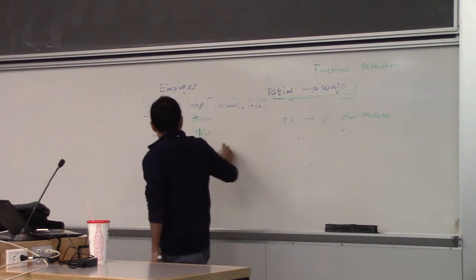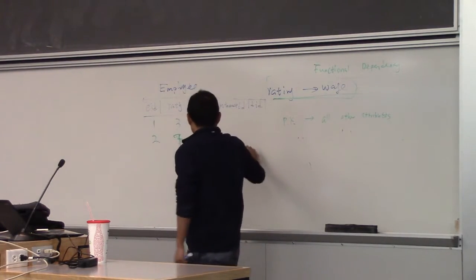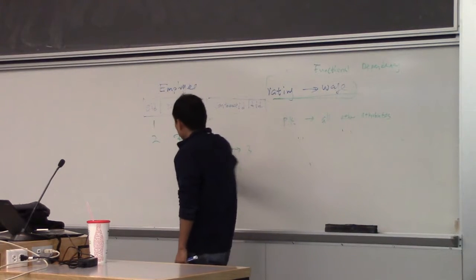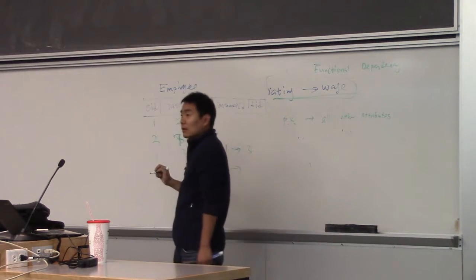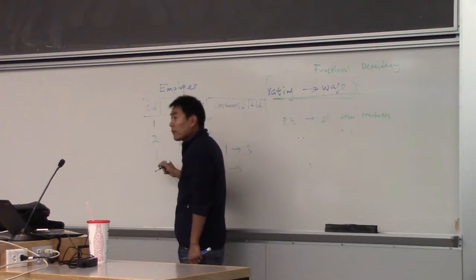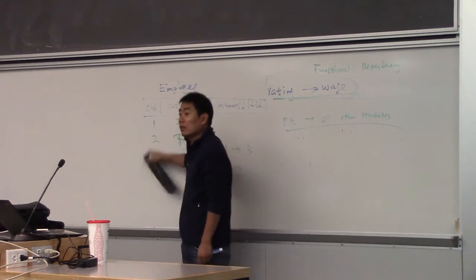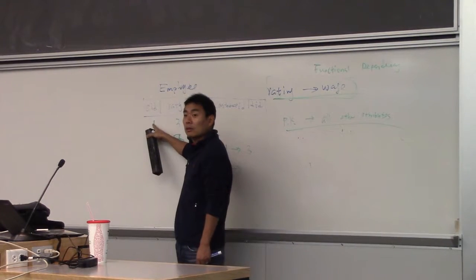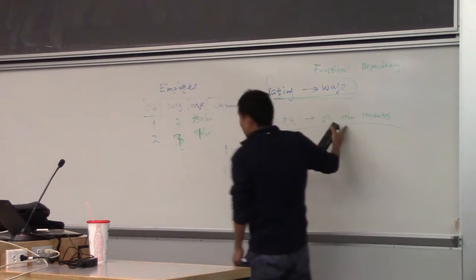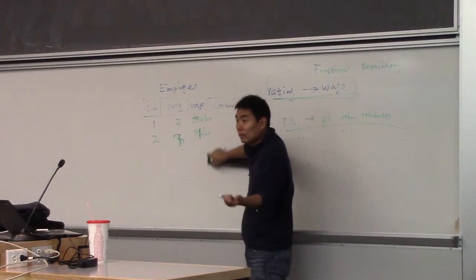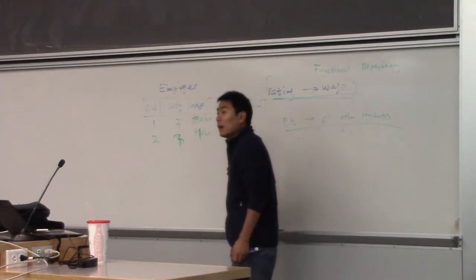Because if employee ID is 1, I know the rating value must be 3. If you have another record, this must be true. And in fact, this is true because you cannot have another record with the same primary key value. That's why this functional dependency is automatically true.